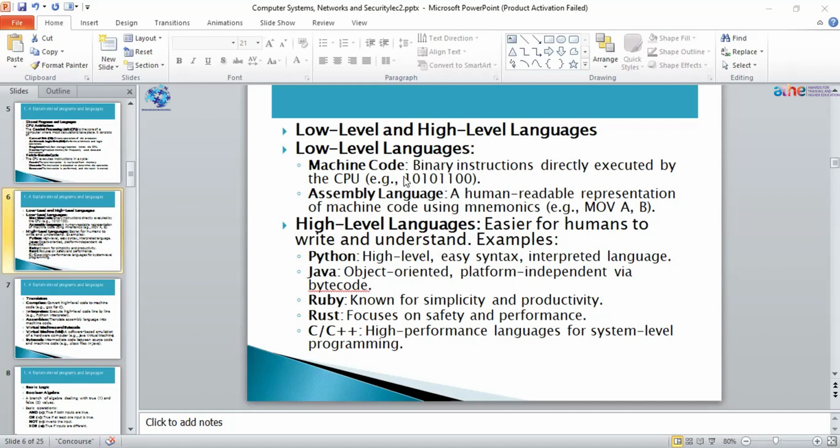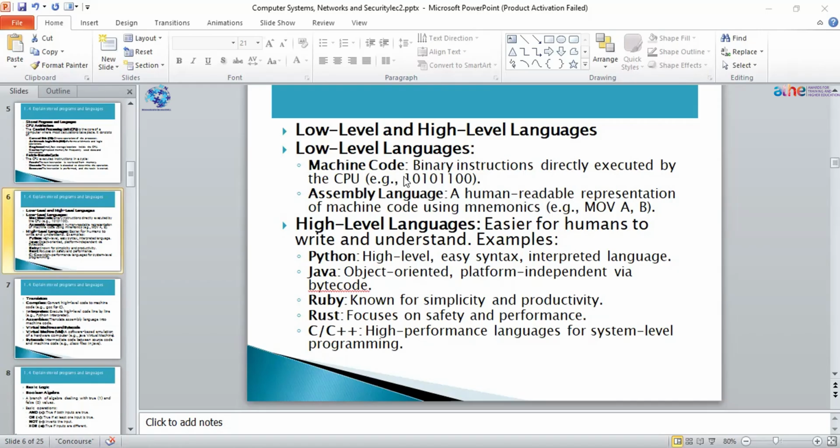It cannot directly understand coding languages or any others. So low-level languages are easily understandable by computers, but humans cannot directly understand them.